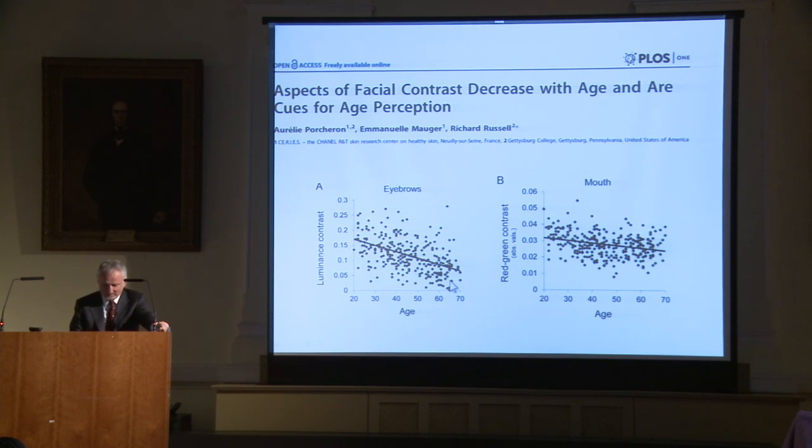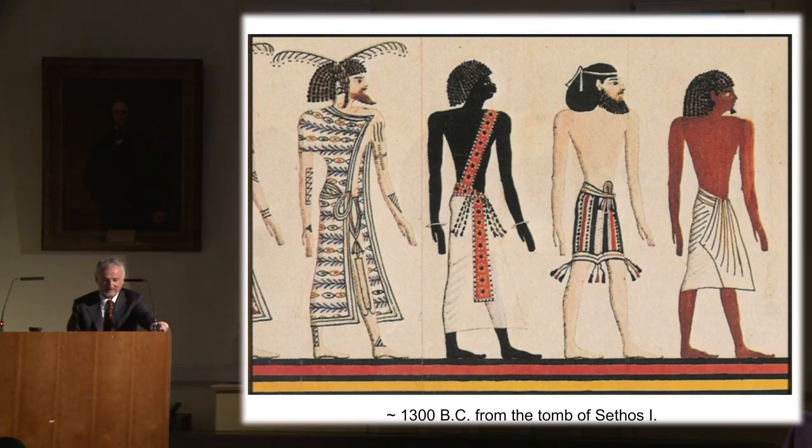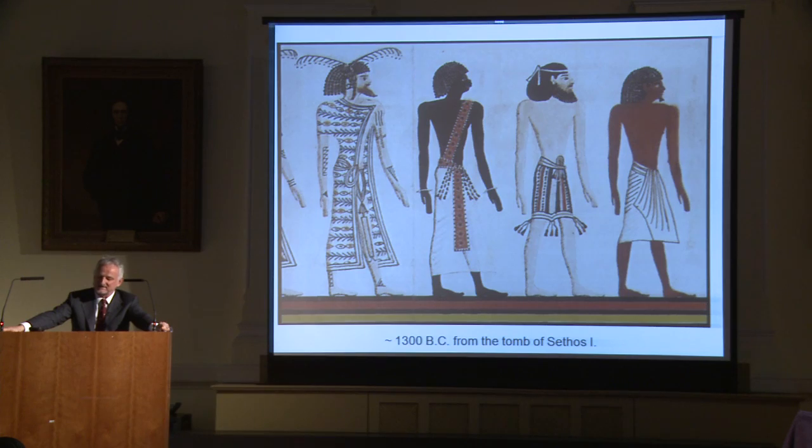So there is a reason to do some painting in the face for many, at least half of the population. So this is a very old piece of art from a grave of Sethos I, about 1,300 years before our time, and it depicts different skin colors.